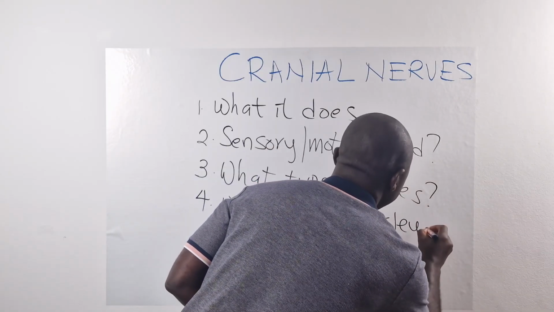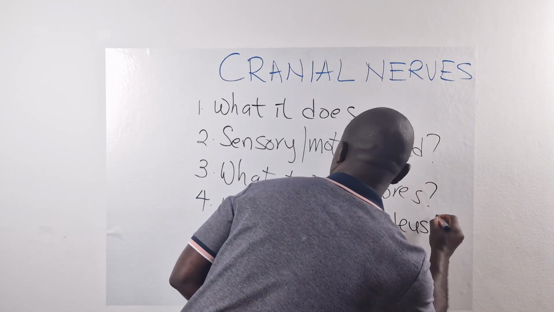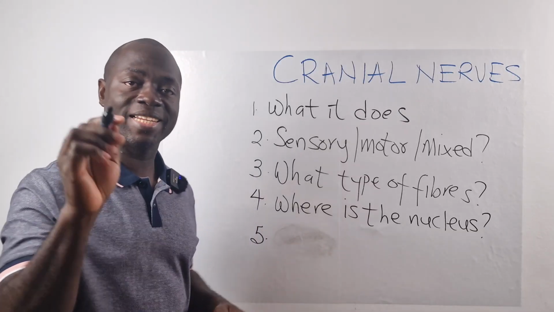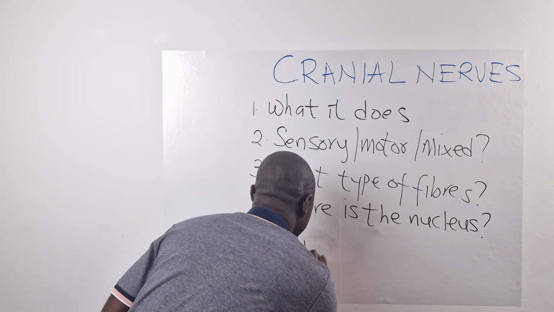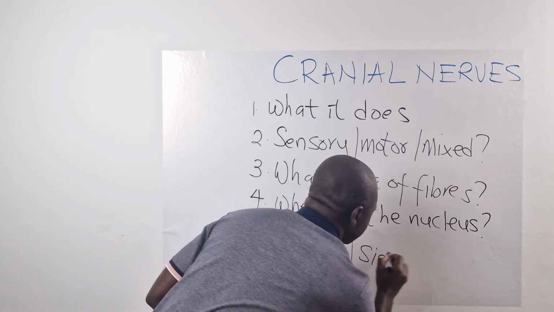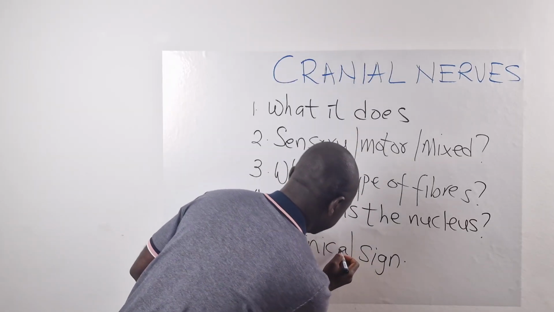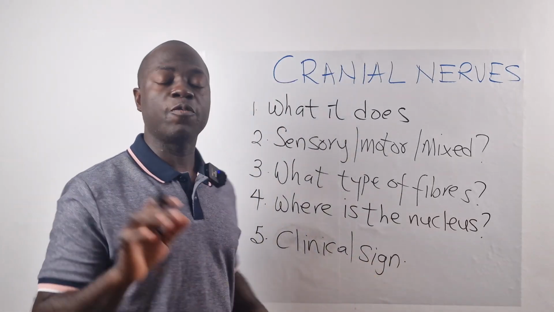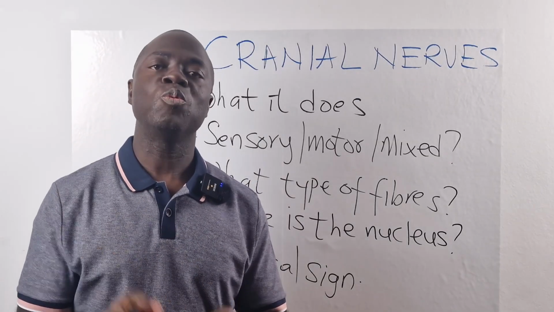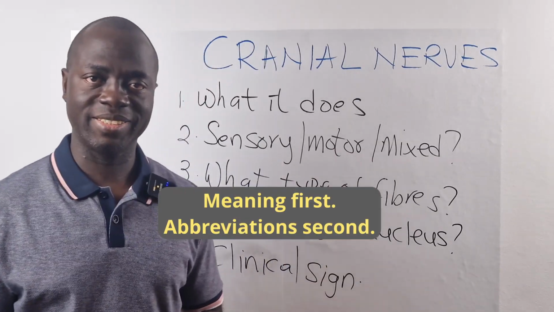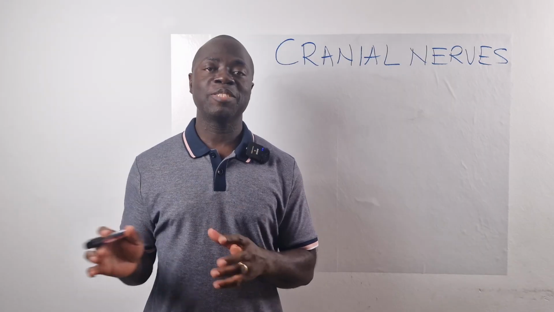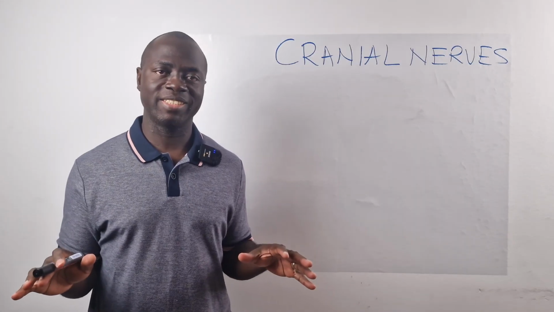So the nuclei or the nucleus of each cranial nerve. Then the last thing will be the clinical sign of each cranial nerve. And only after the words make sense will we go into the abbreviations, the GSE, the GVA, etc., etc. Let us begin with the simplest question.